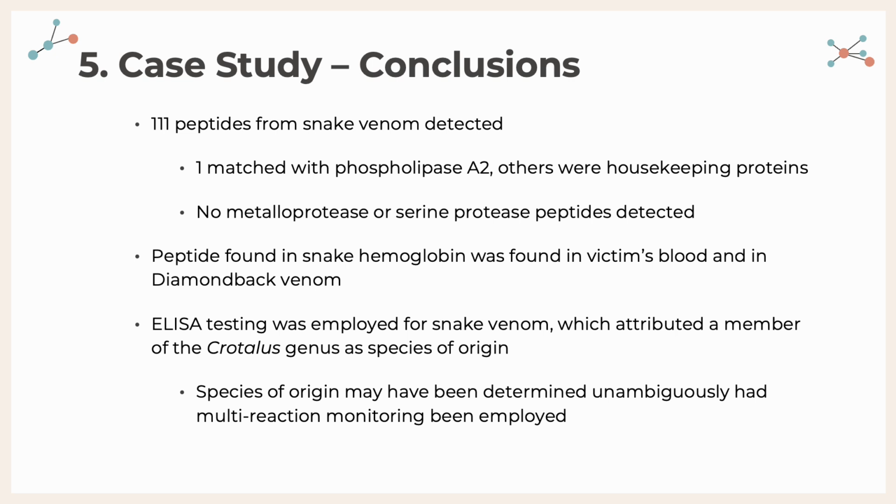Dr. Foster and his team did a retrospective and said the species of origin may have been determined unambiguously had multi-reaction monitoring been employed. Regardless of whether or not the species of origin was determined, Henry Thomas, the babysitter, was sentenced to 18 months in jail. That is all I could find on the case, this one case report.